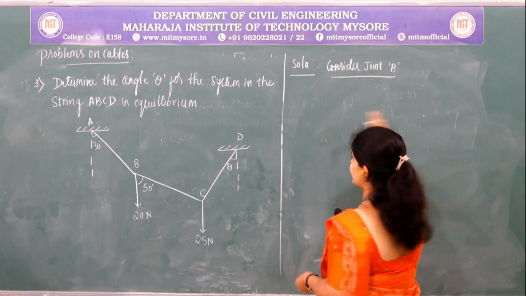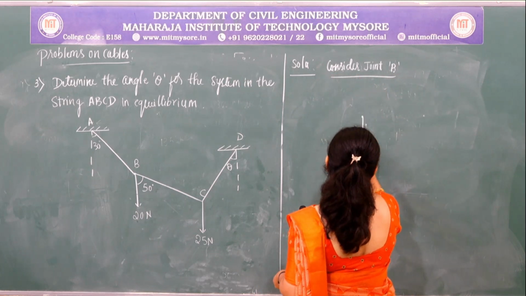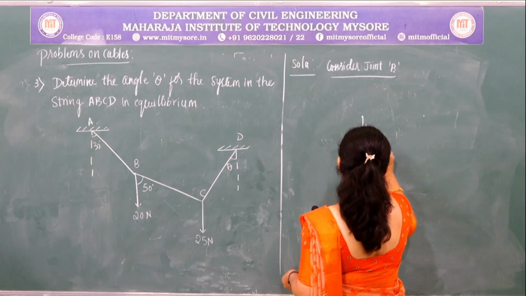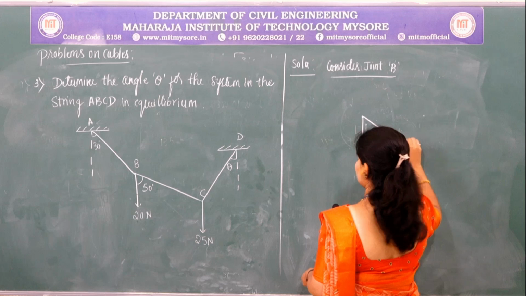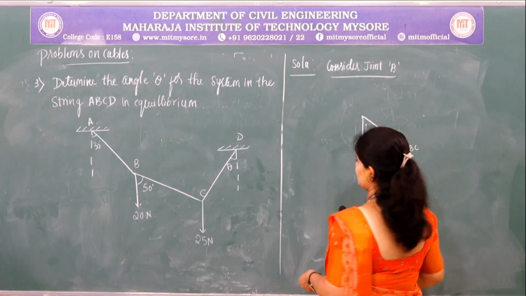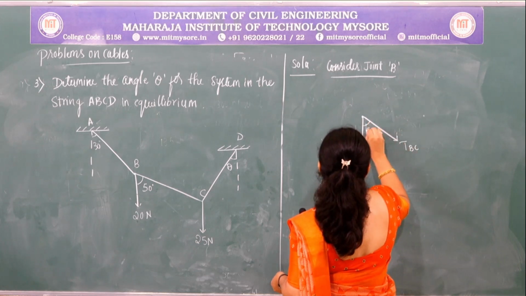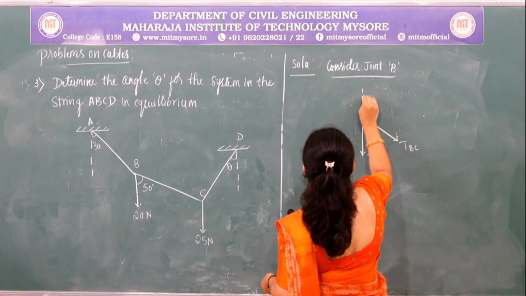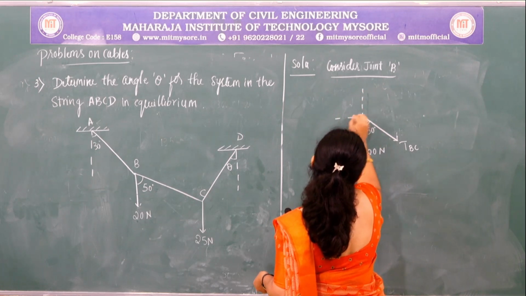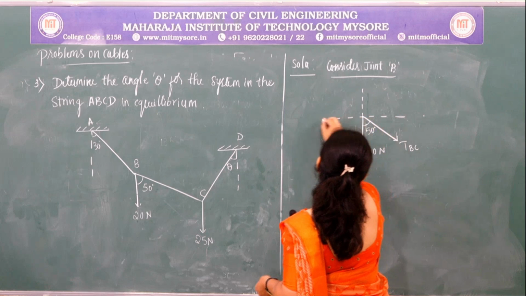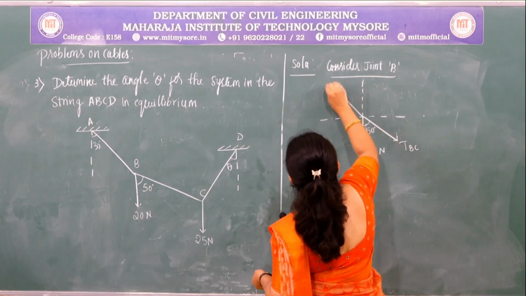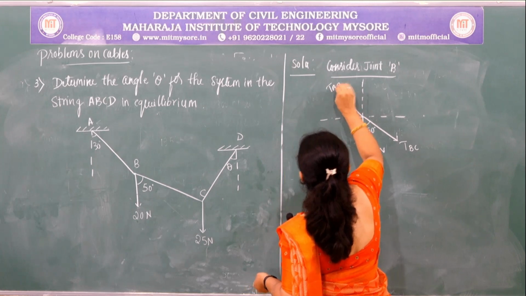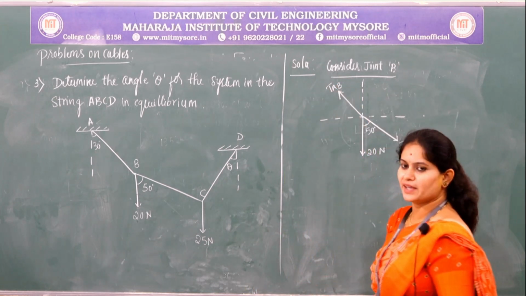First write the free body diagram. This is tension in the string BC. And tension in the string AB.